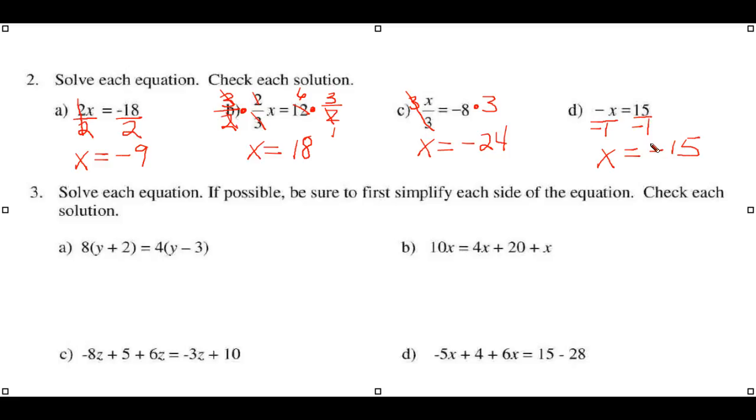Now a rule in general is when you have a negative x equals something, a 15 in this case, all you have to do is change the signs. This will become a positive, and this side becomes a negative. And what are you doing in the background? You're dividing each side by a negative 1, that just reverses the signs.